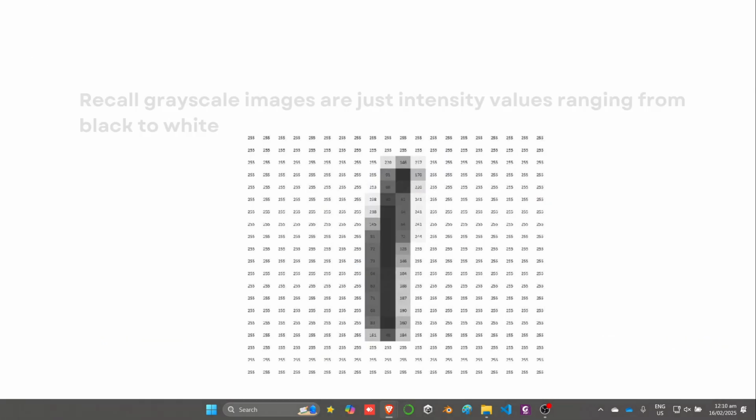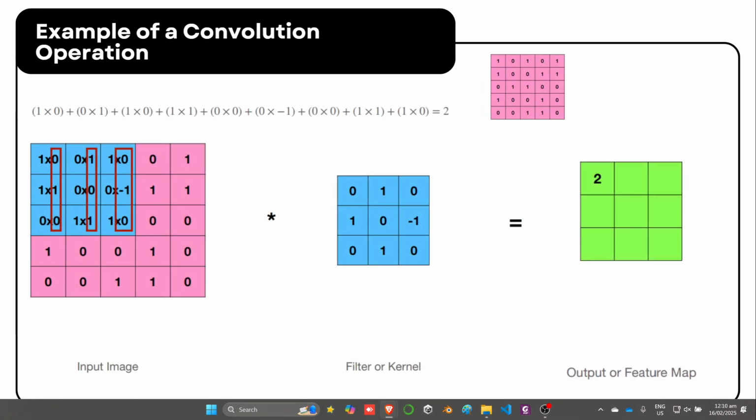Okay, so let's continue with the convolution operation. Now let's take a look at the actual mathematics behind it. Well, it's not complicated.